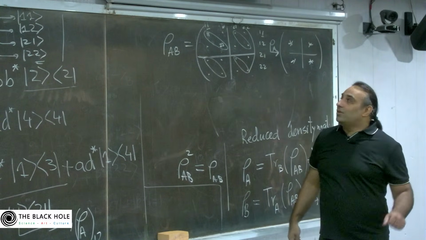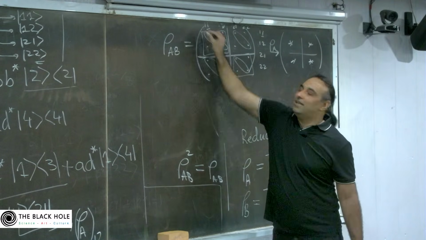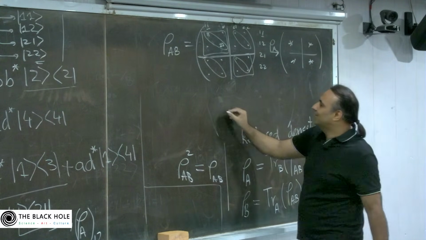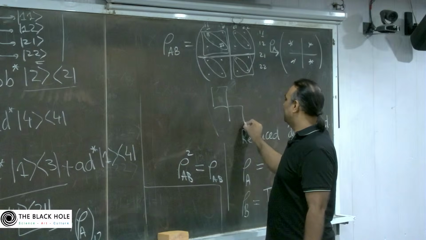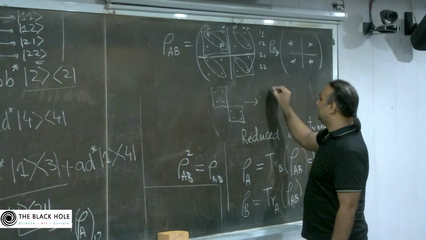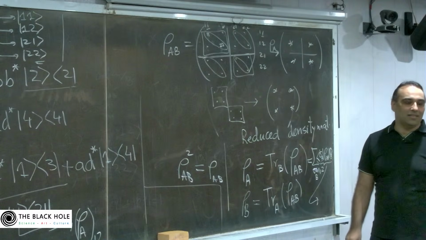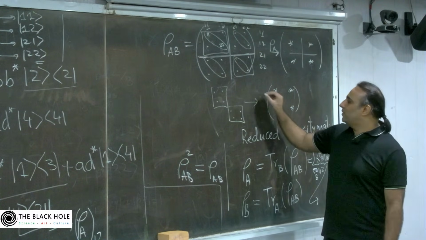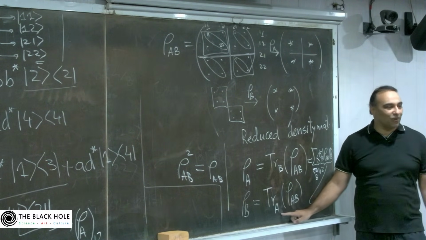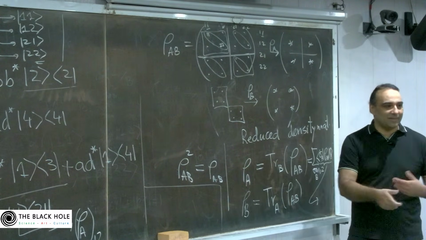Okay, so if we simply take these two blocks and sum them up element by element, we take these two, sum them up, and we get this 2 by 2 matrix, and this would be row B. Okay, so if you take the partial trace over A, you simply take these diagonal blocks and sum them up, or overlap them and sum them up.